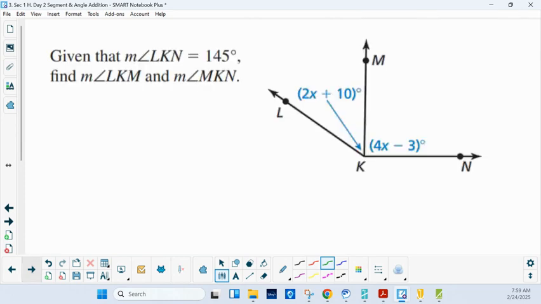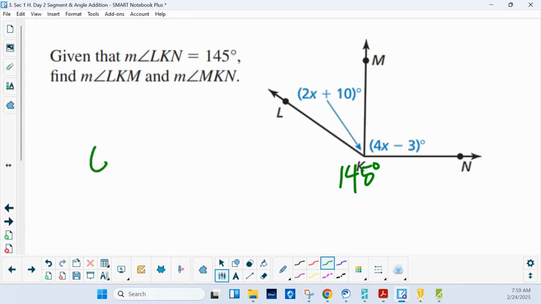All right, given the measure of angle LKN, so the whole thing, LKN is 145, and then we've got the 2 other angles labeled already, and we need to find the measure of both of them. So we got to create our equation. Again, when we're adding 2 or more, you can just combine the like terms. Because what do we get if we add those x's up?